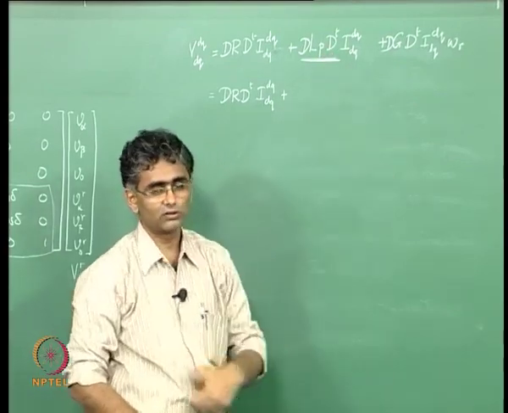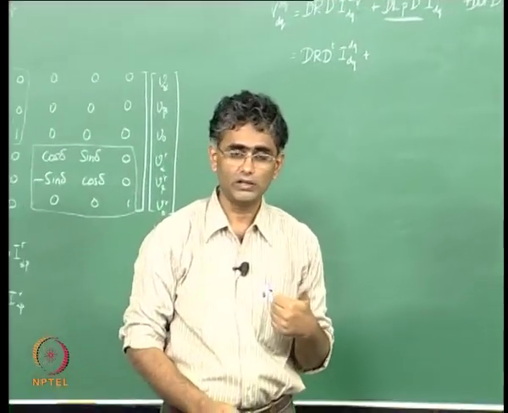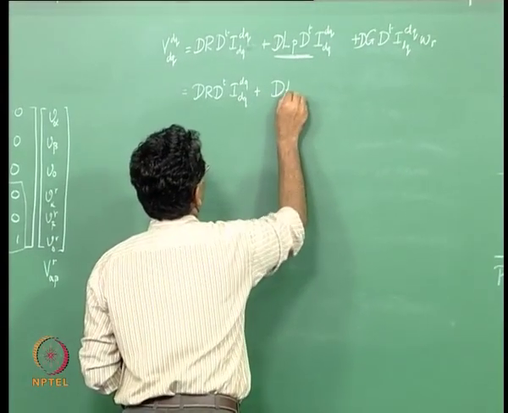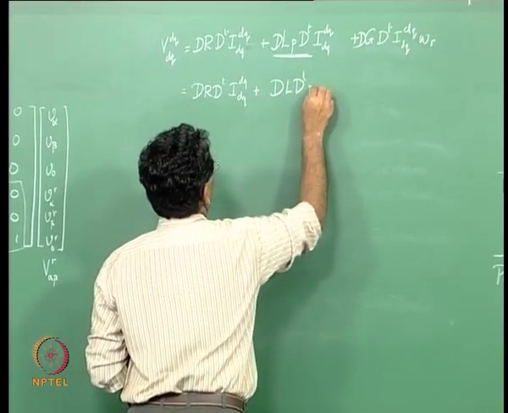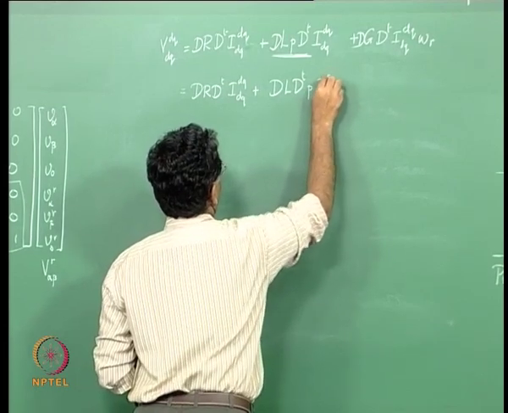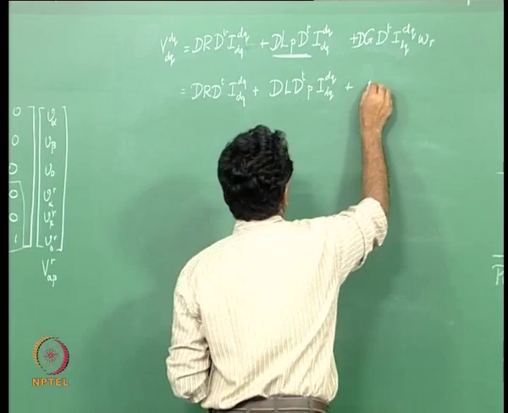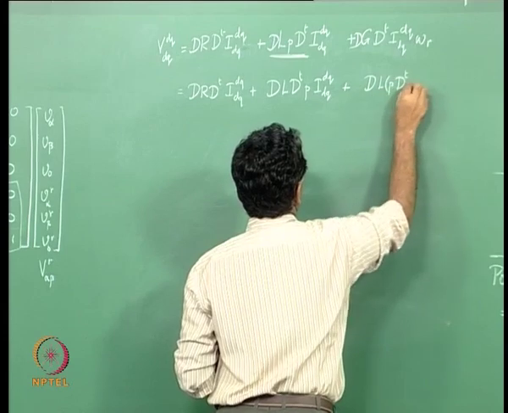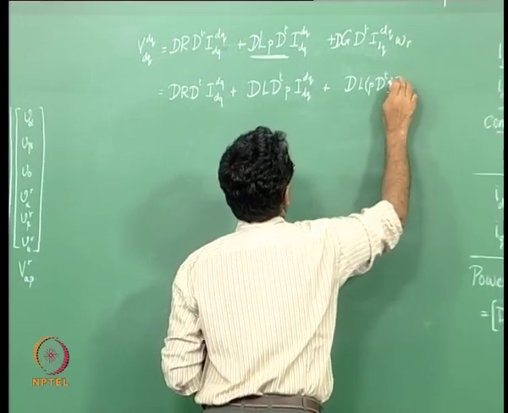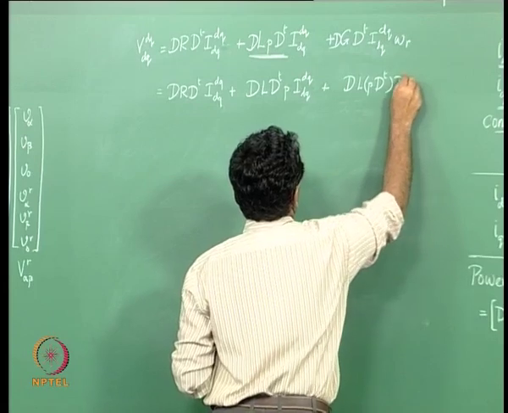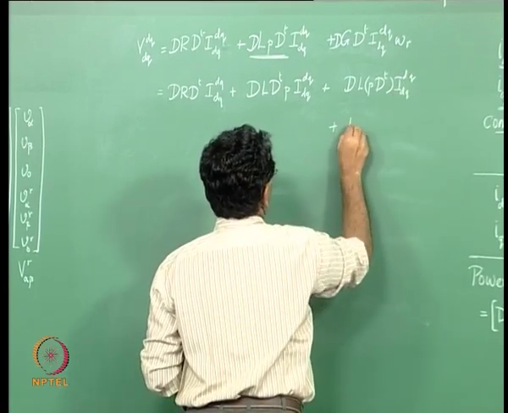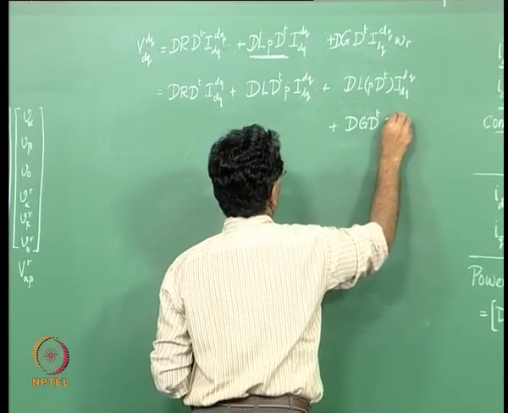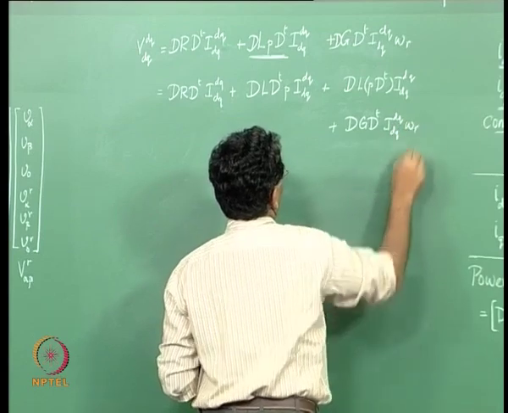This d is also going to be dependent on time, and therefore, one can write this as d L d transpose P I dq plus d L P d transpose I dq plus d G d transpose I dq into omega r.